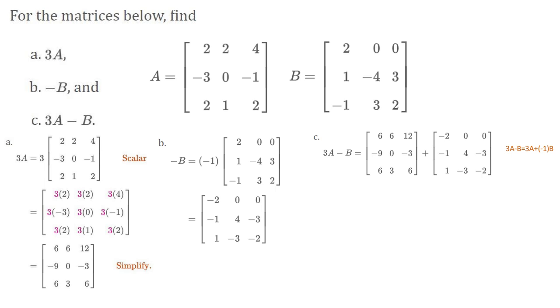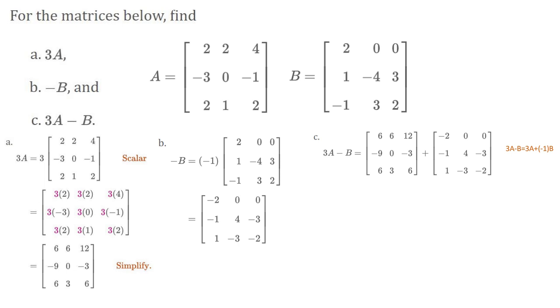I already have 3A, this matrix, and you can think of it as the addition of the negative B matrix, right? That's the other reason why I did the negative B, so I can do the C part, okay? I could have left it as a subtraction with a regular B, but since I have a negative B already, I think it makes it easier for explanation purposes.